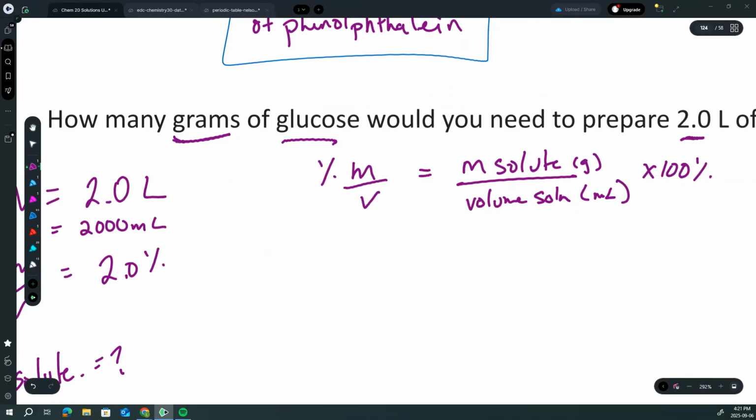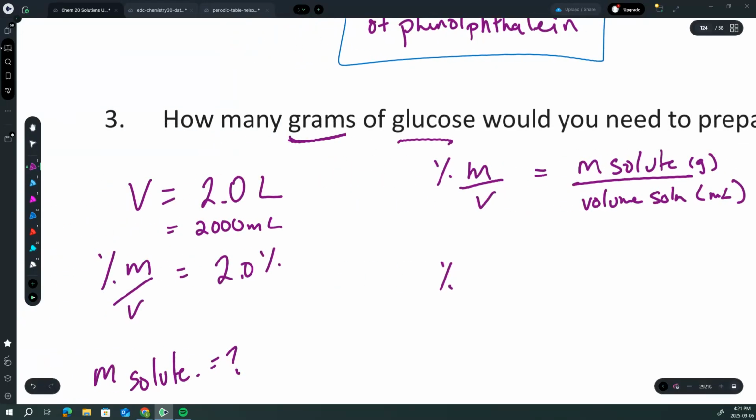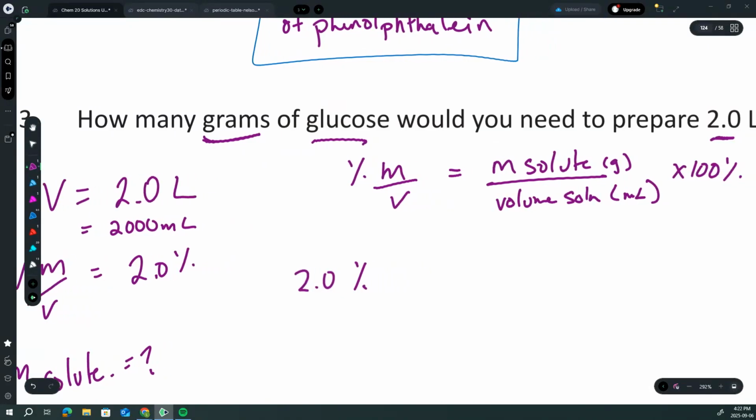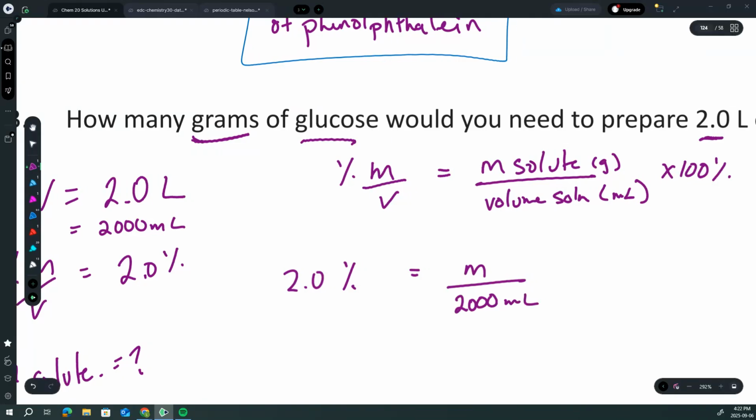Okay, so let's figure this out. Percent mass by volume, that was the 2%. Mass of the solute, we have no clue. Volume, 2,000 milliliters, and we're timesing it by 100.